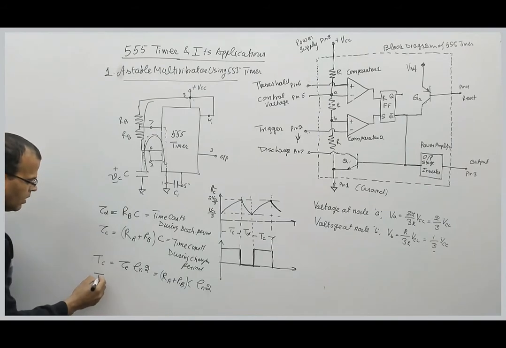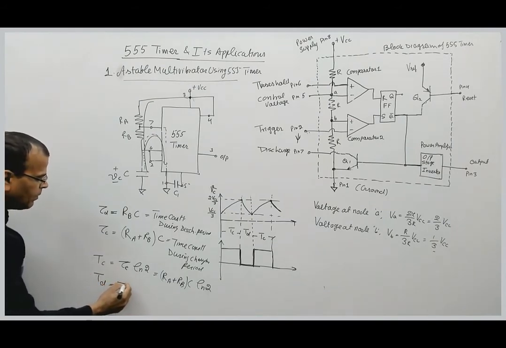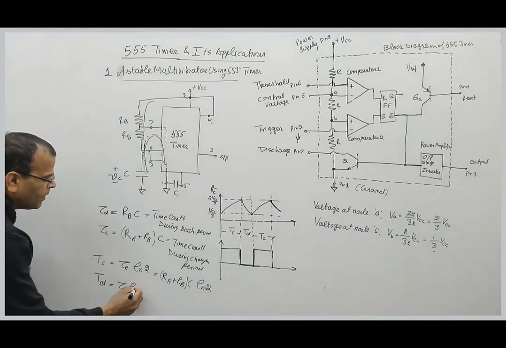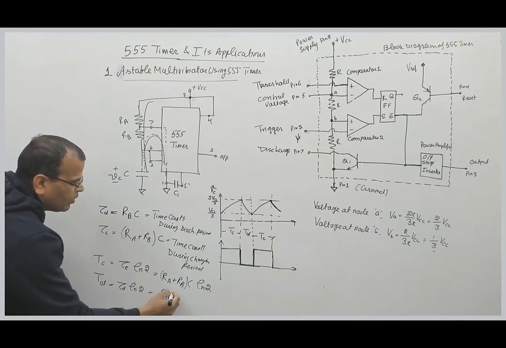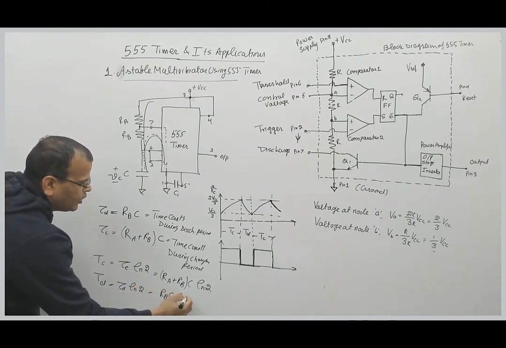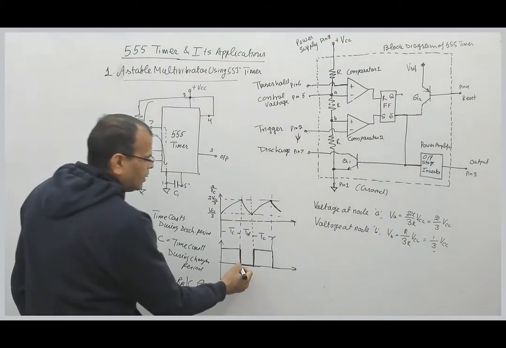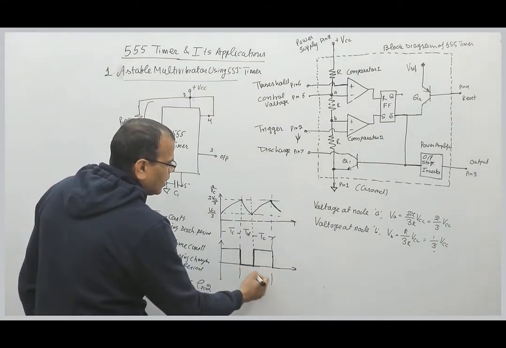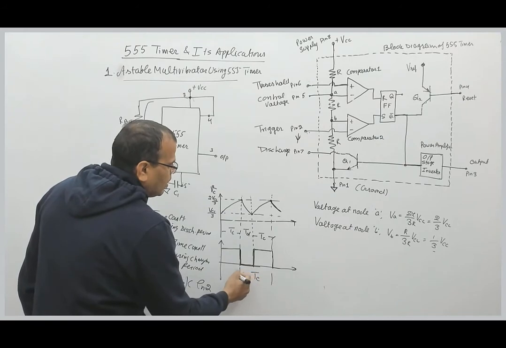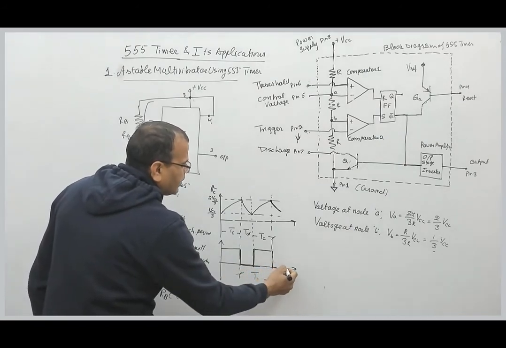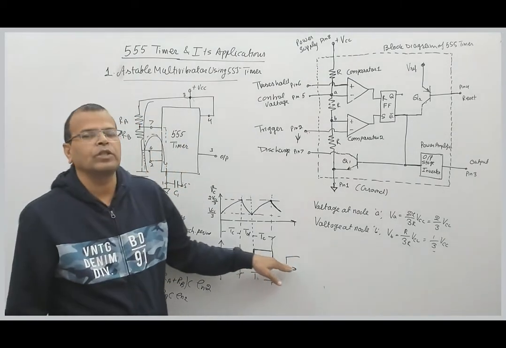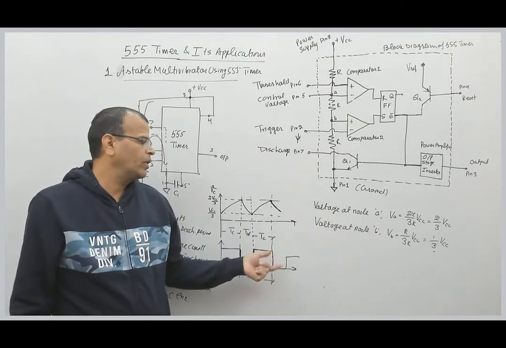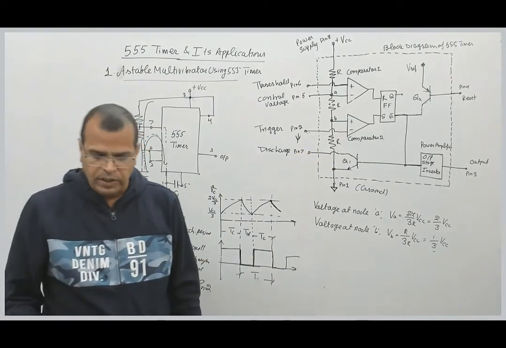And the discharging period is the time constant during discharging multiplied by natural log of 2, that is RB into C into ln 2. So this is the charging period, this is the discharging period, and the total period is the period of the wave generated at the output, a continuously running square wave, or you can say rectangular wave, at the output of the timer.